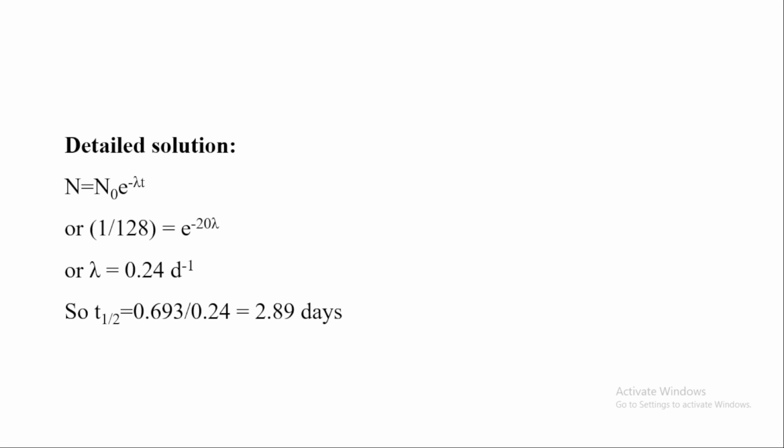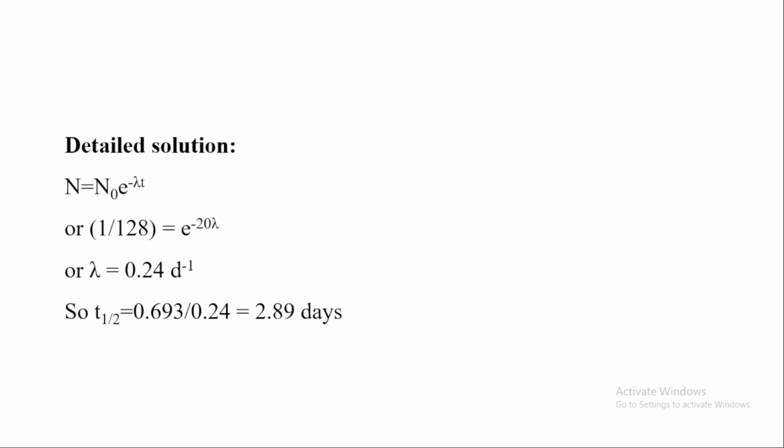So you solve the natural log of 128 and then divide it by 20. You will get the answer to be 0.24. The value of lambda is 0.24 days inverse. Why days inverse? Because the time was given in days.